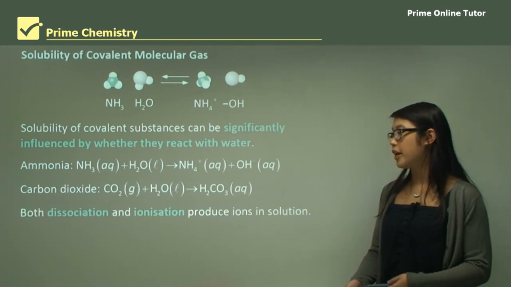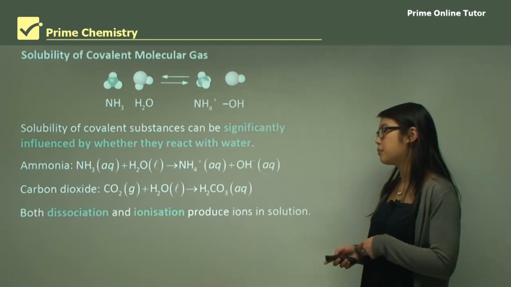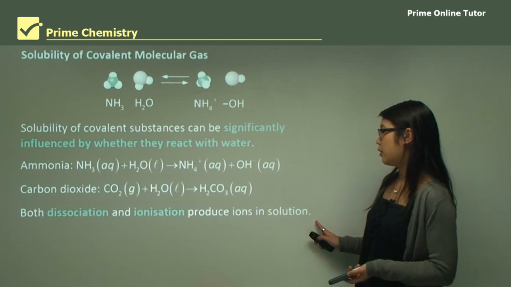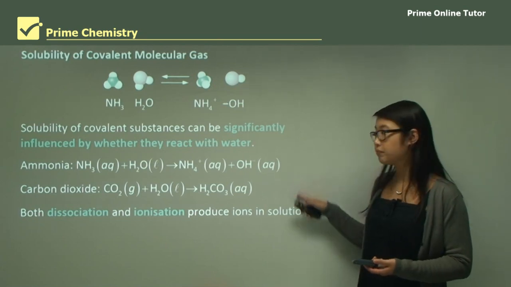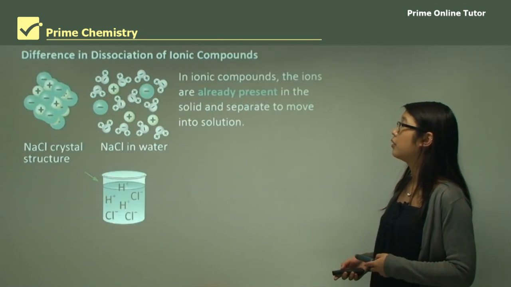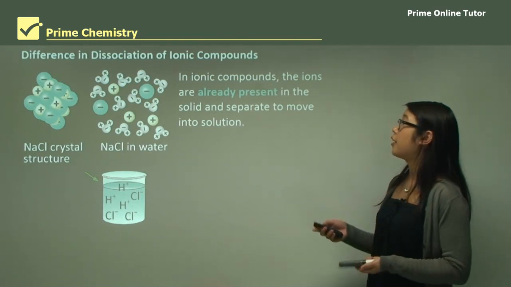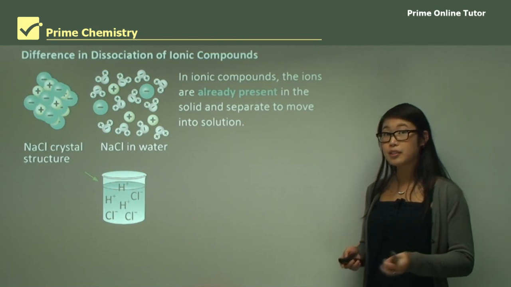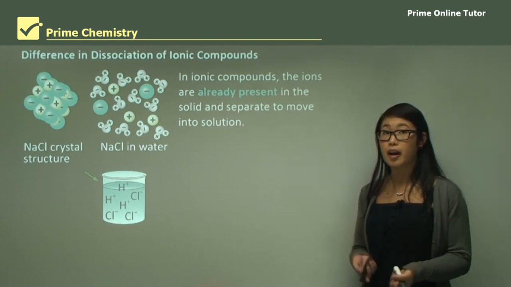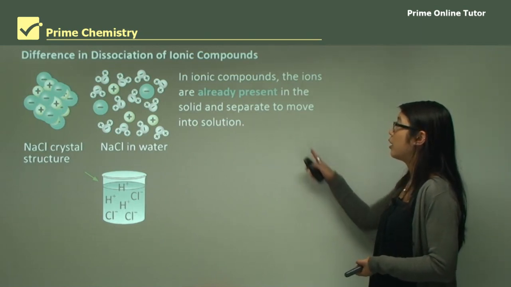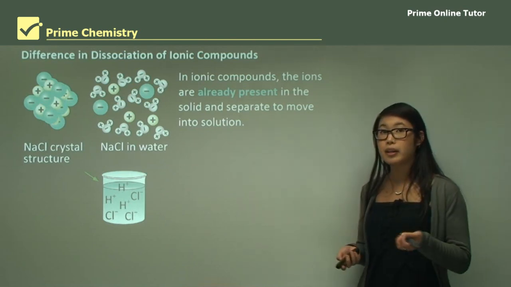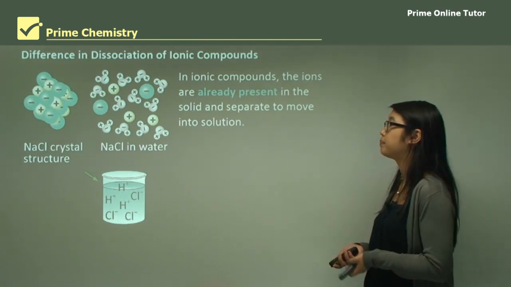So both the dissociation and ionization procedures produce ions in solution. The difference is that in dissociation of ionic compounds, the ions are already present. In the lattice structure, they already are in ion form, and they're able to move about in the solution to dissociate.